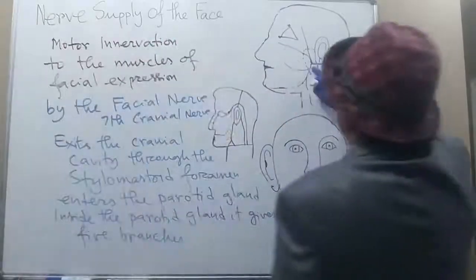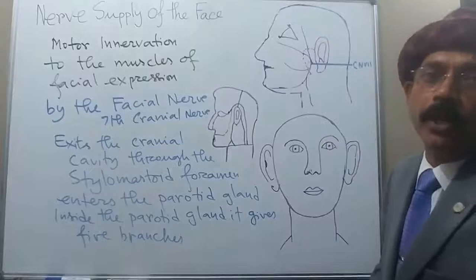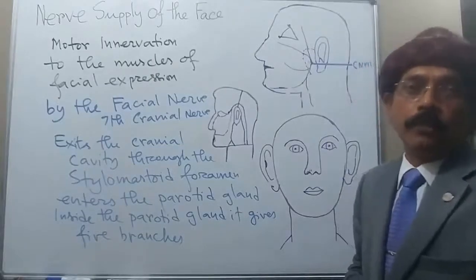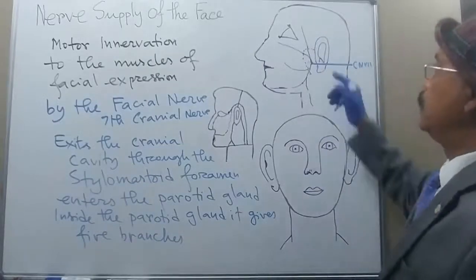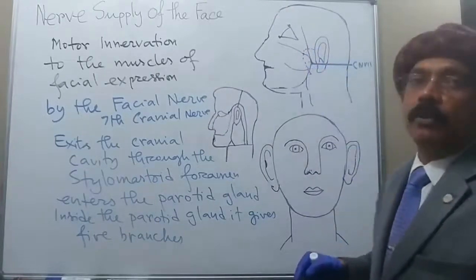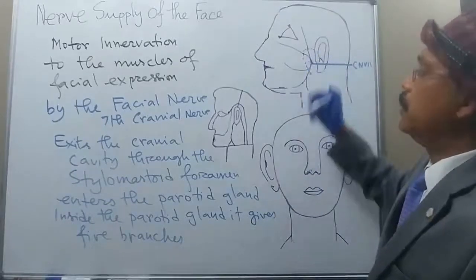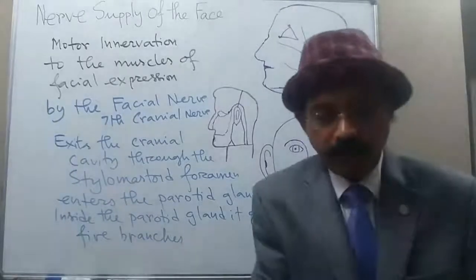So this is the facial nerve. It comes out of the cranial cavity through the stylomastoid foramen and enters the parotid gland through its posterior aspect, and inside the parotid gland it divides into 5 branches.